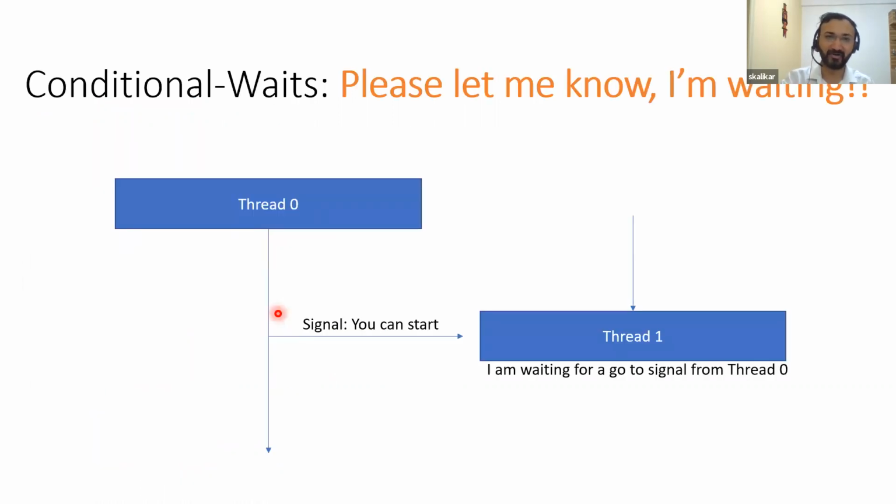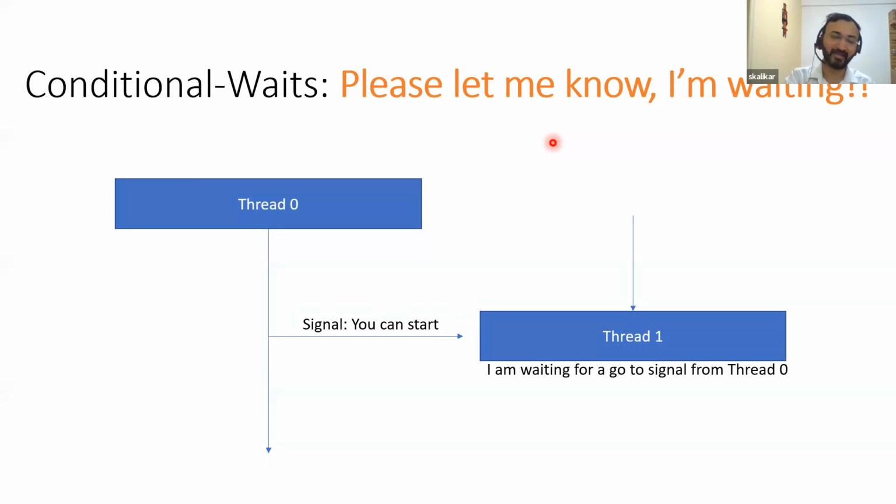So there is another construct called conditional waits, which is like, I would say, the summarized tagline, let me know when you are done. So thread 0 is doing some task and thread 1 is waiting that thread 0 should signal it when it is done. Let me go to the comment. Pooling. Yeah, thread pooling is also there.